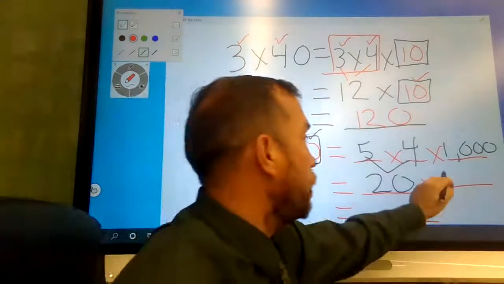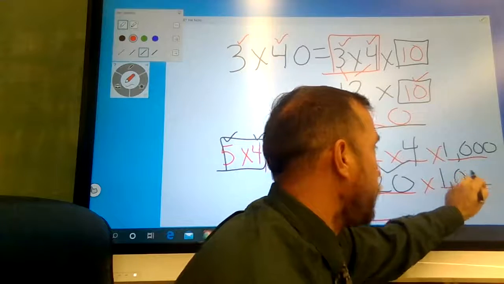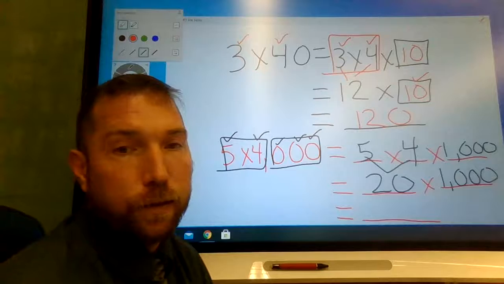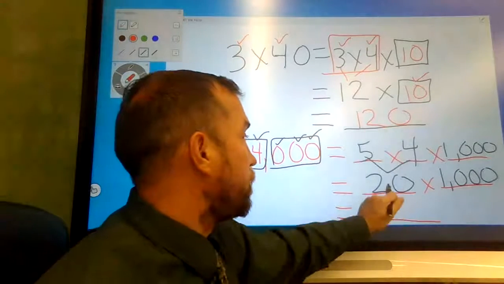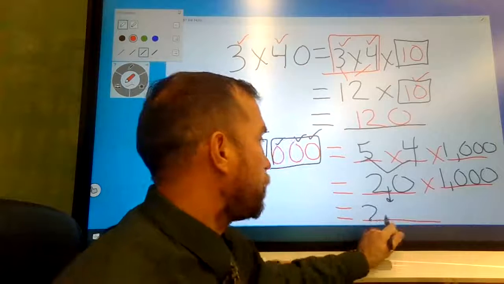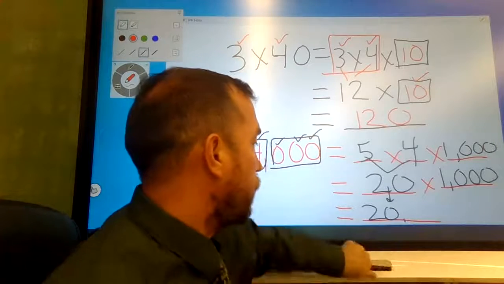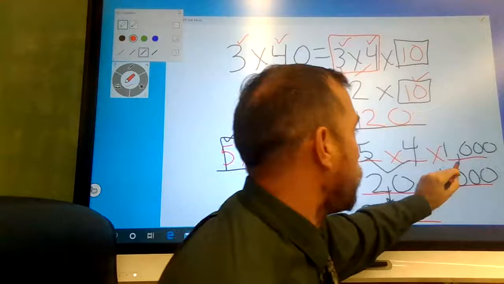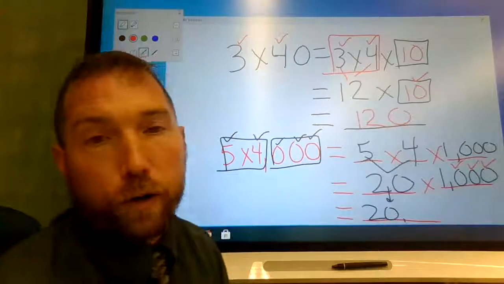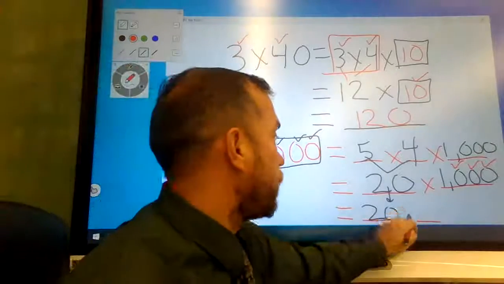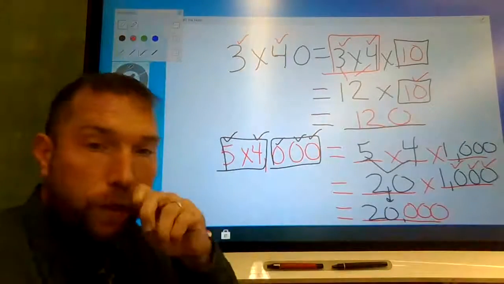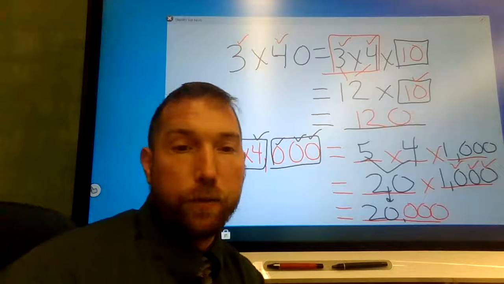And then I need 3 more zeros on top of that. So just like before, this number stays because now it's 20 times 1, which is 20. And then I need the 1, 2, 3 more zeros, which is down here. 1, 2, 3 more zeros for 20,000.